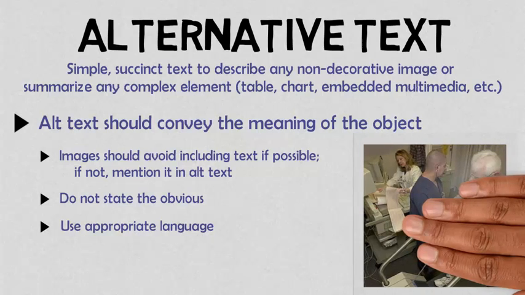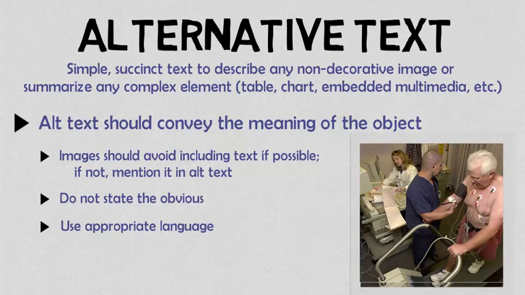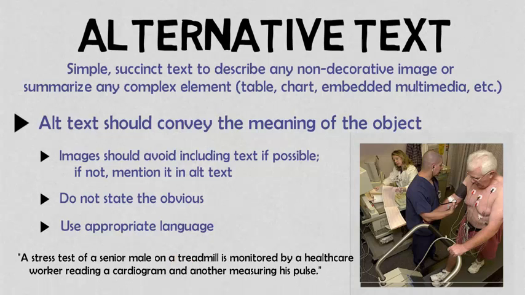In this example, poor alt text might be, "a picture of a senior citizen shows him on a treadmill." A better, more descriptive and appropriate alt text would be, "a stress test of a senior male on a treadmill is monitored by a healthcare worker reading a cardiogram and another measuring his pulse."